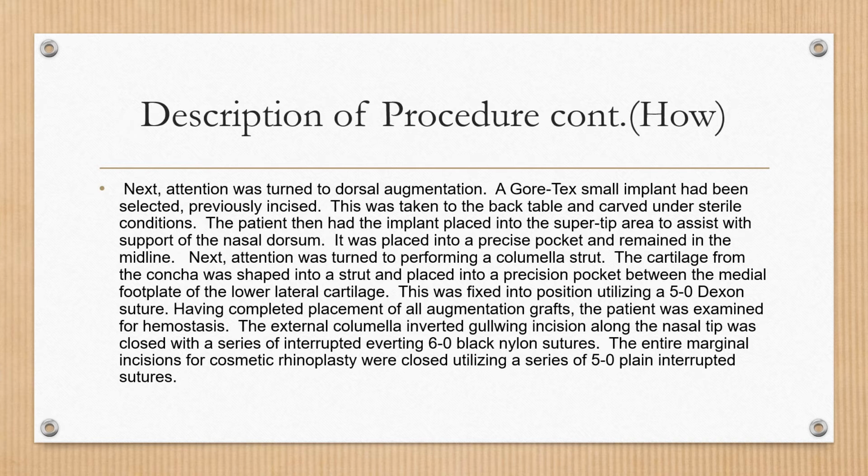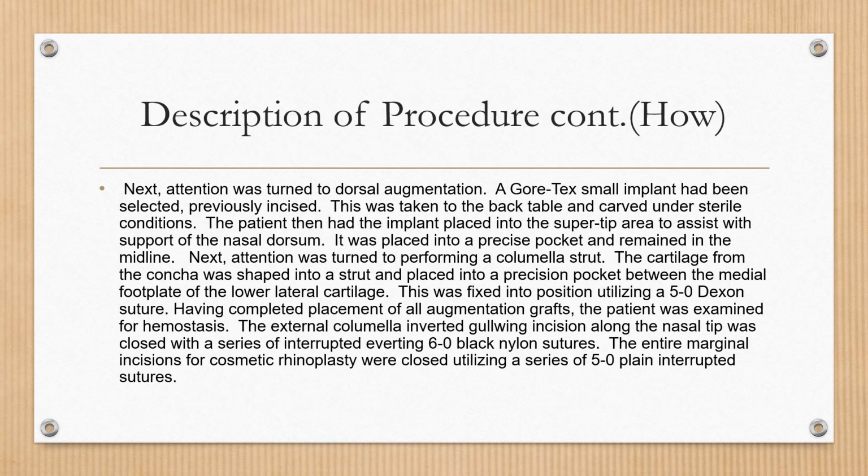They're preparing it on the back table to keep it sterile prior to implanting it into the body. The patient then had the implant placed into the supratip area to assist with the support of the nasal dorsum. So again, they're using the implant to help undeform the deform.